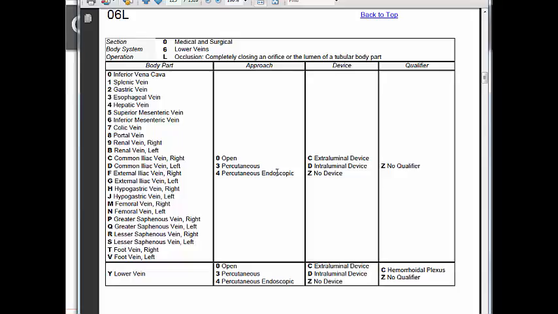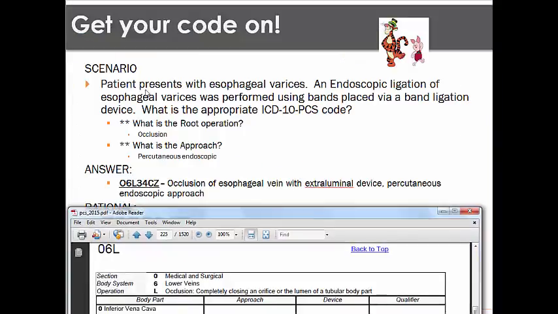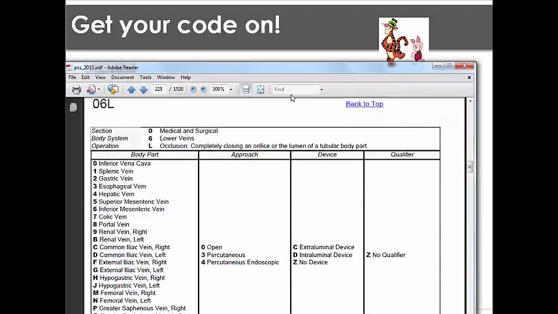It's percutaneous endoscopic because it's through the scope, and it's an extraluminal device, and then there's no qualifier.